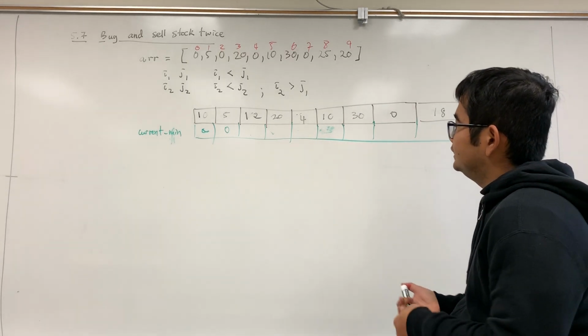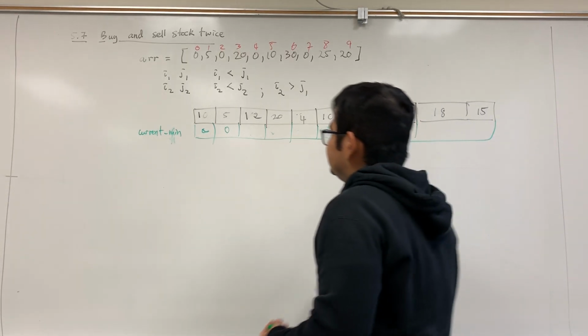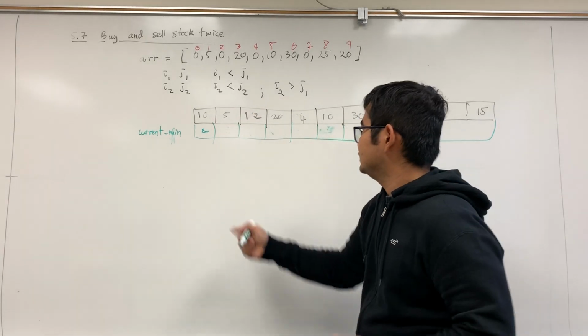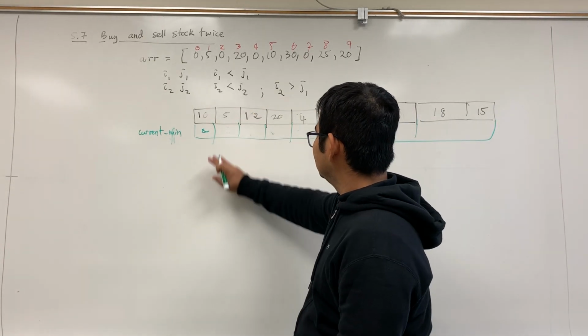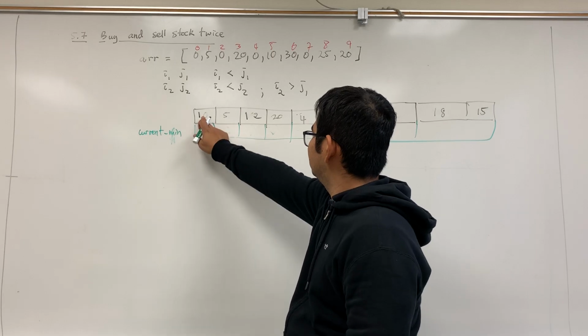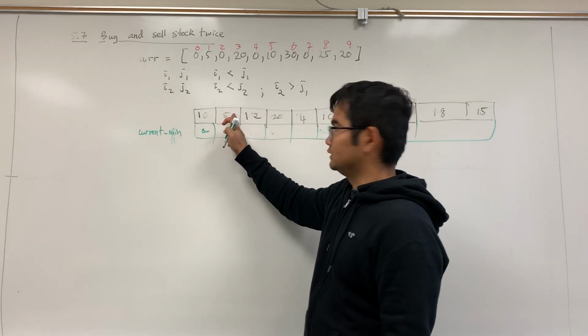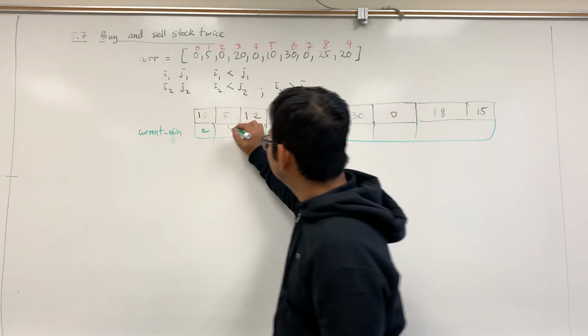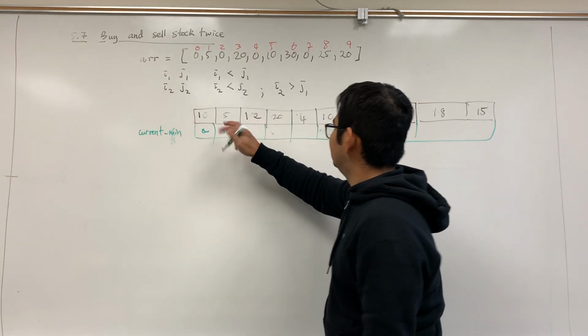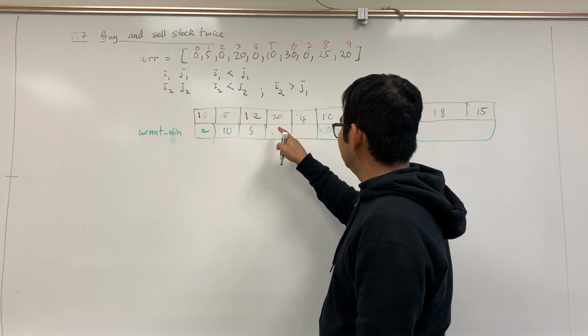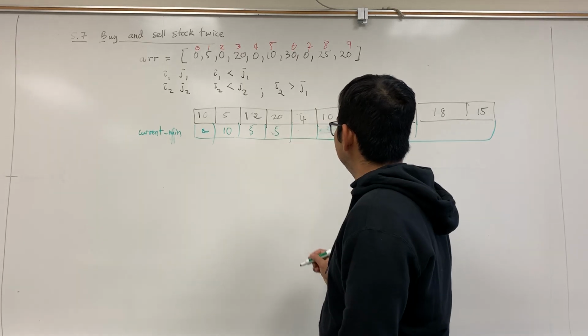So if this is the case, same idea. Initially we start with an unknown current min. Later on, at this point, current min is 10. Before this value, the current min is 10. At this point, current min is 5. At this point, current min is 5.